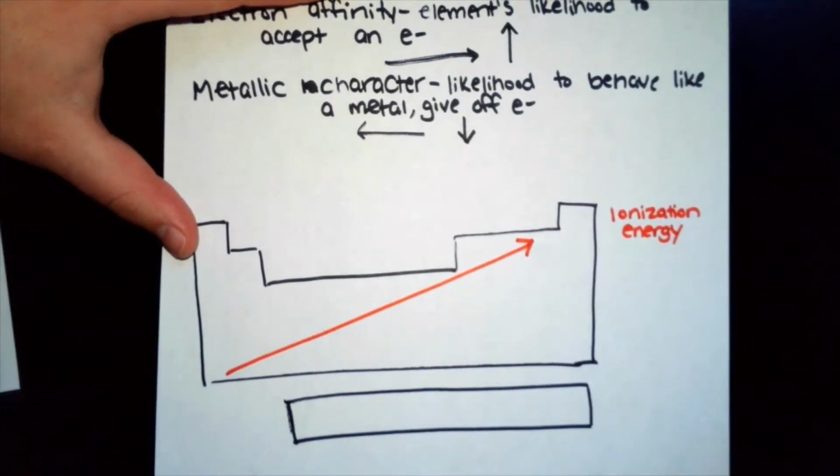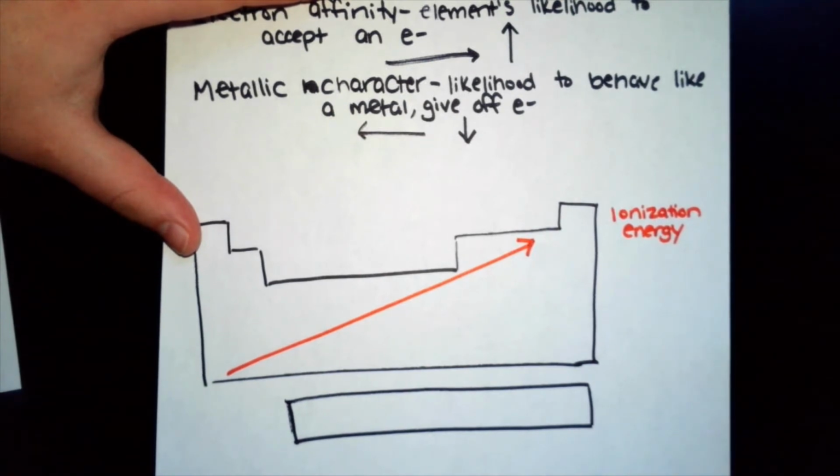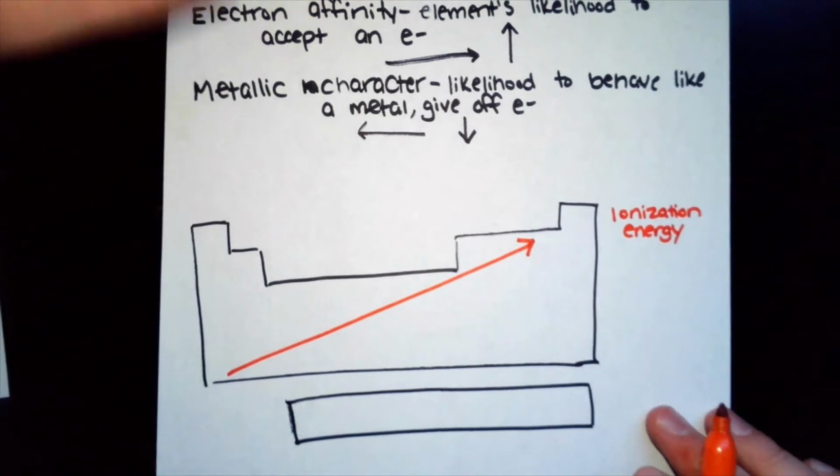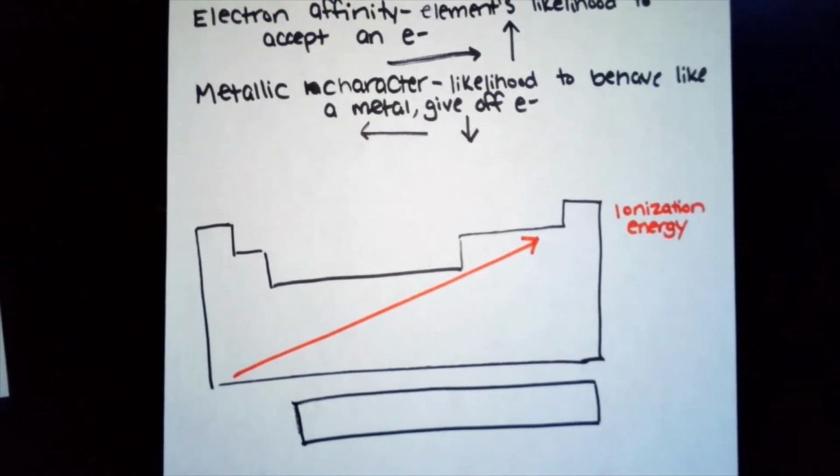And one thing I do want to note is that all of these trends completely disregard noble gases. Because remember, noble gases do not like to react at all. So for all of these trends, you can just say, well, except for the atomic size. Atomic size does include noble gases. But other than that, the other 3 do not.